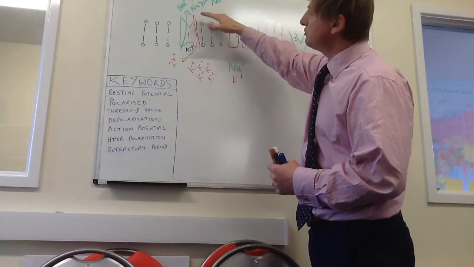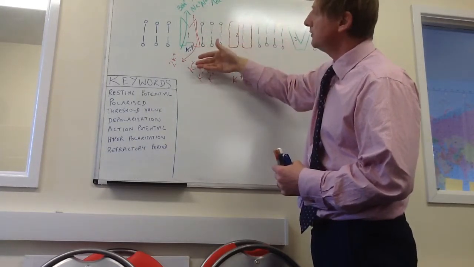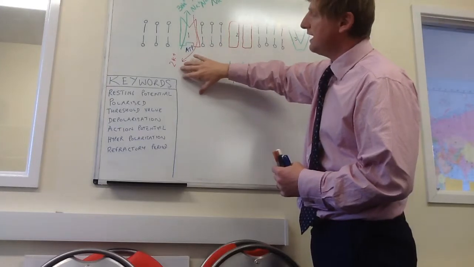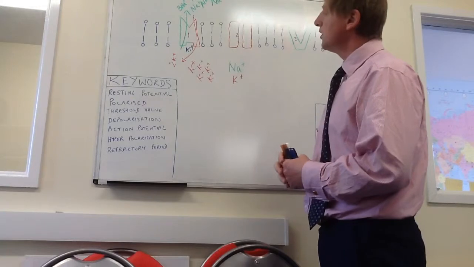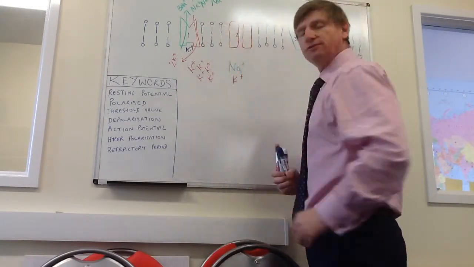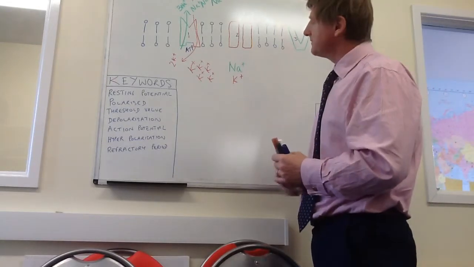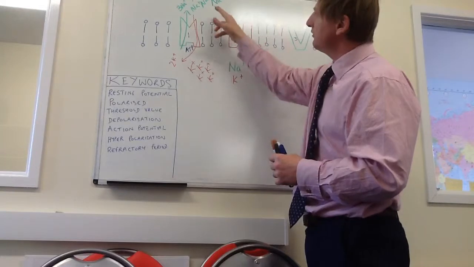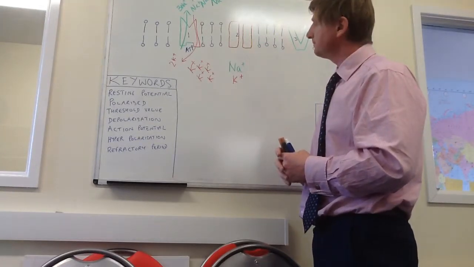So there is a concentration gradient here, sodium high, sodium low, and a concentration gradient here for potassium, potassium high, potassium low. So we've actually got a concentration gradient for each of these ions. And, as we're going to see in a minute, a second gradient based upon the plus charges, which is called an electrochemical gradient.